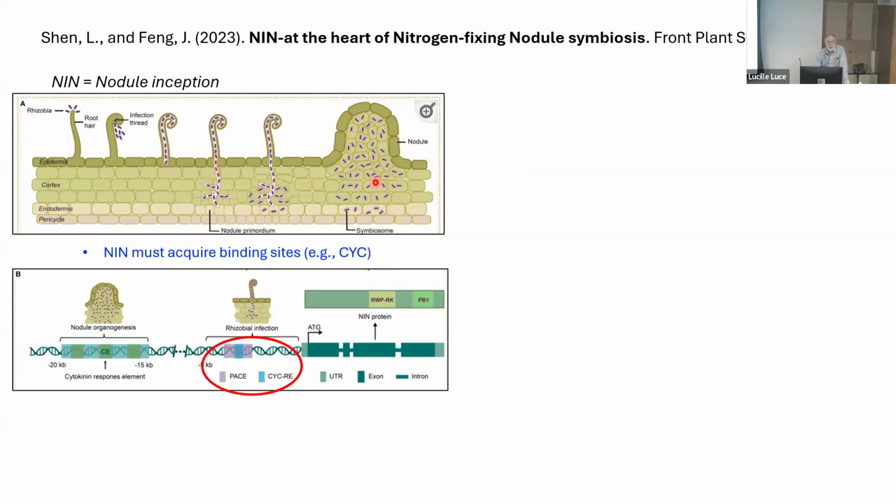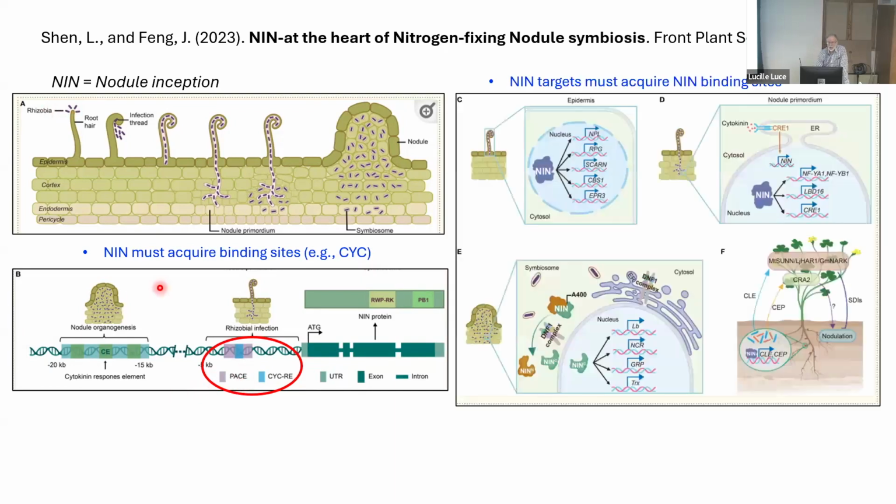So every one of these steps is controlled by NIN. And so basically NIN, first of all, had to acquire some sort of binding sites for key elements of the signaling process recruited from mycorrhizal symbioses, including the cyclops binding site, which you see down here. And then the other thing that had to happen was that NIN targets must have acquired NIN binding sites.